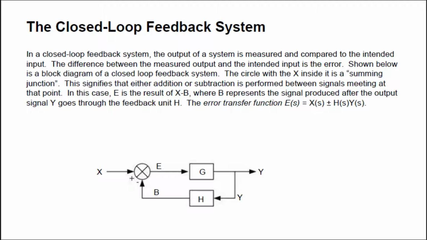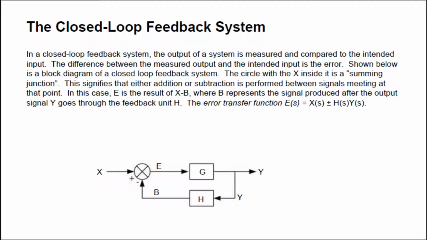B is the output value after it has gone through the feedback loop. After it goes through the feedback loop, it's not exactly the same as it was before, but the difference is calculated here, and then the electrical signal is sent as e from the summing junction back into the system. And that way the adjustments can be continually made.